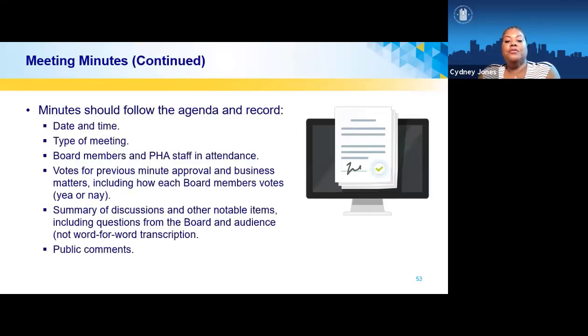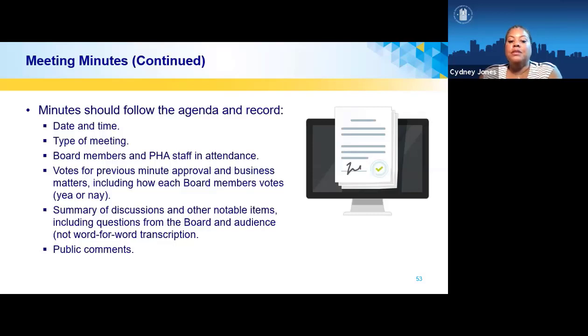Now, the minutes should follow the agenda and record the date and time, the type of the meeting, the board members and PHA staff who were in attendance, the votes for previous minute approval and business matters, including how each member voted, yay or nay.